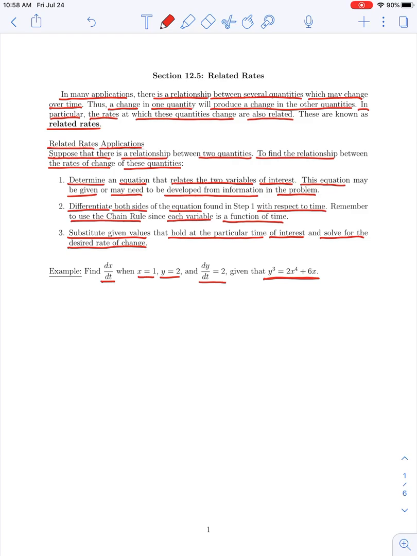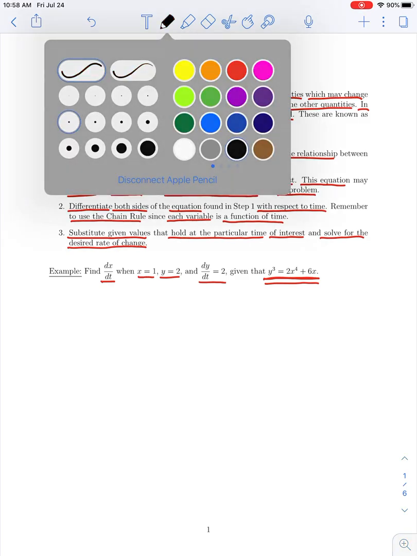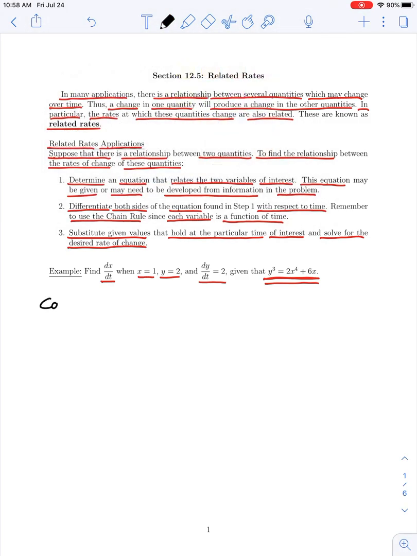What we need to keep in mind throughout these problems, something that's a little tricky, and kind of similar to implicit differentiation, is that these quantities x and y that appear in this equation are actually functions of time. So the equation that we're considering here, we could really think of as follows. y cubed, well, we remember that y is a function of time. We might write this as y of t cubed.